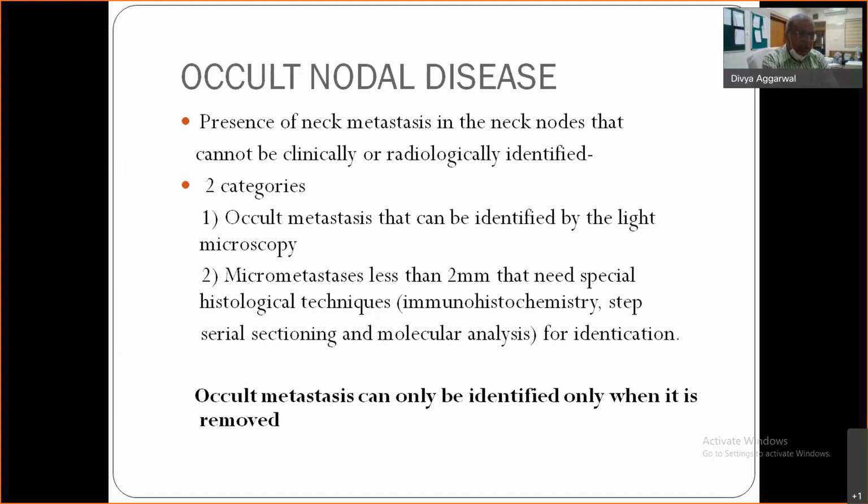So in various organs, in various malignancies, as you know, we tend to go in for a selective neck dissection even if the neck nodes are negative, either clinically or radiologically, for the simple reason that in those cases where the incidence of nodal metastasis is high, say maybe more than 15%, we assume that there is an occult nodal disease and we go for a selective neck dissection. And in many cases, you would find an occult nodal disease.